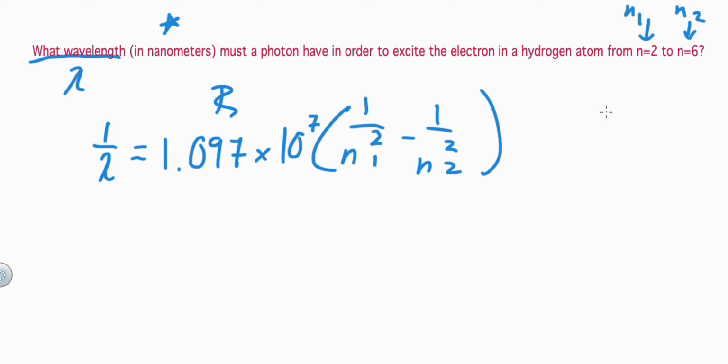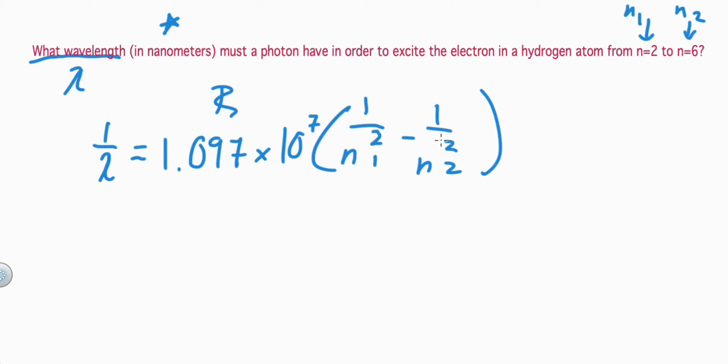Now, why is that? It's because when you subtract a smaller number from a bigger number, it's always going to be positive. So by keeping the smaller n first, that helps keep the equation positive. And I mean, they're both going to come out to the same thing.